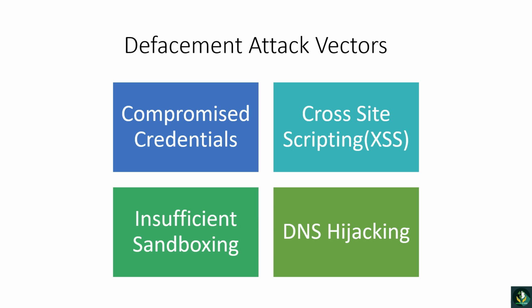One is reflected cross-site scripting, where the attack exists in the request that the user sends. There is also persistent cross-site scripting, where the attack exists in the database, and that's a great way of mounting a defacement attack, because everybody who comes to the site will see the malicious script that will deface the site.